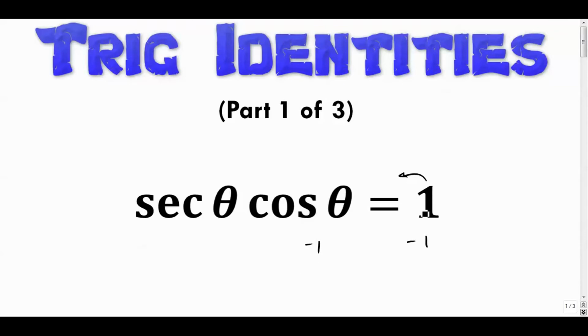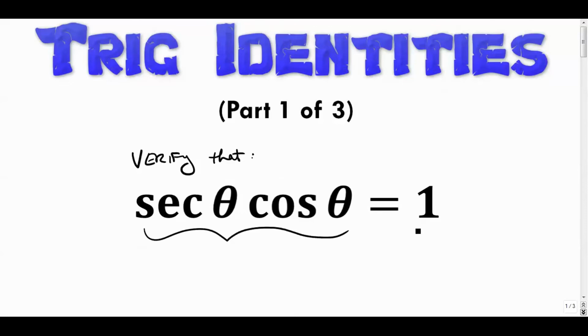You can't do that, and the reason we can't is because we're trying to verify that this is true, that this equals this. So since we don't really know that this is true, we can't just go ahead and start moving things across the equal sign. So we have to come up with different ways to do this verification.